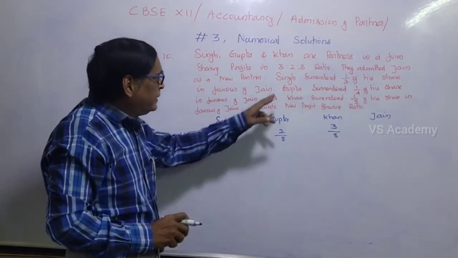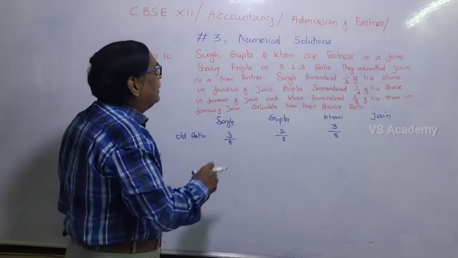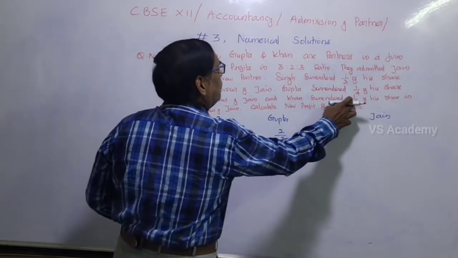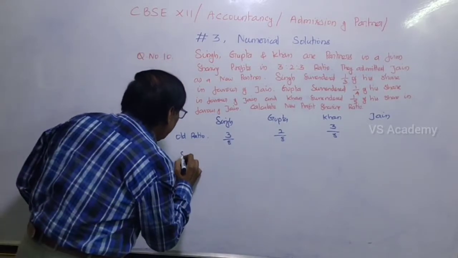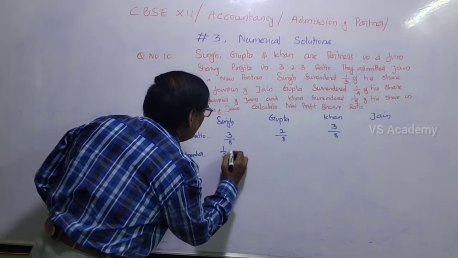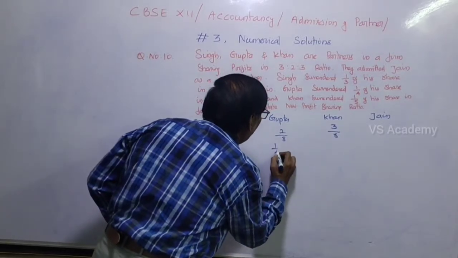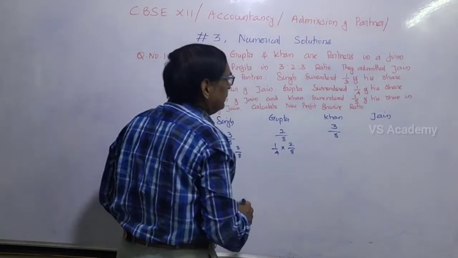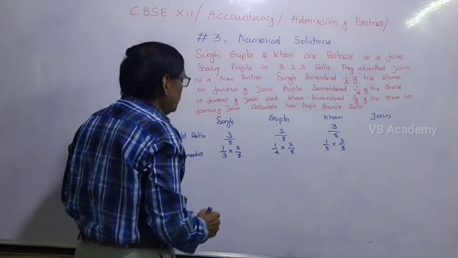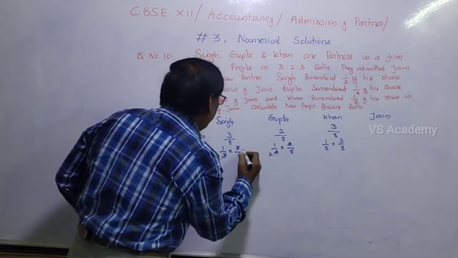The surrender is, Singh surrenders 1/3 of his 3/8, and then Gupta surrendered 1/4 of 2/8, and Khan surrenders 1/5 of 3/8. So the 3 will be cancelled, 2 times, so it will be 1/8.